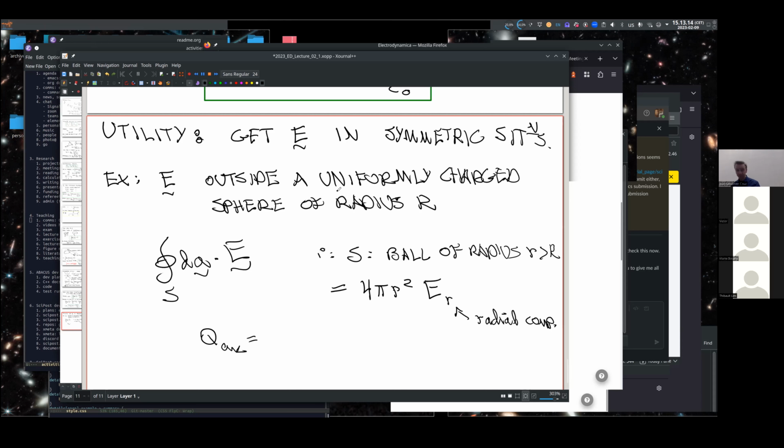The total charge here is Q, so the Q enclosed is just Q.